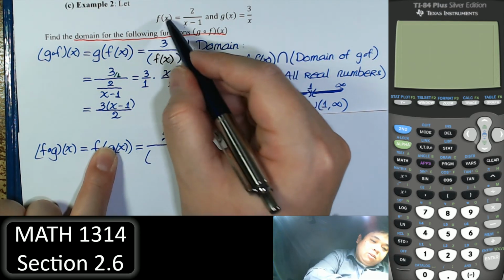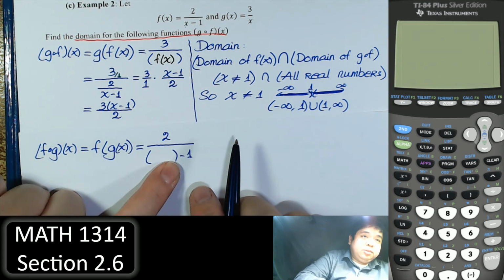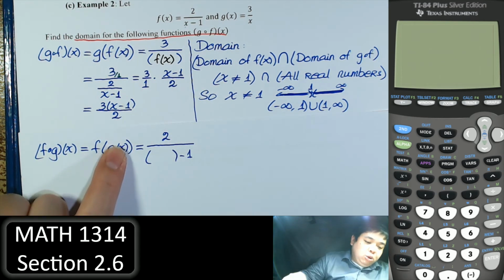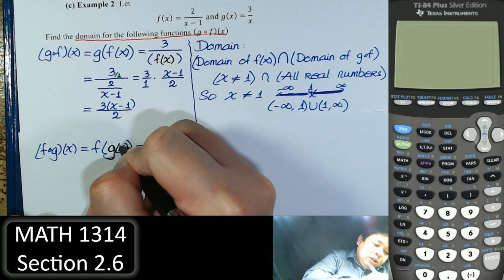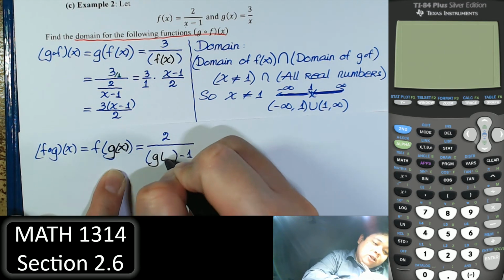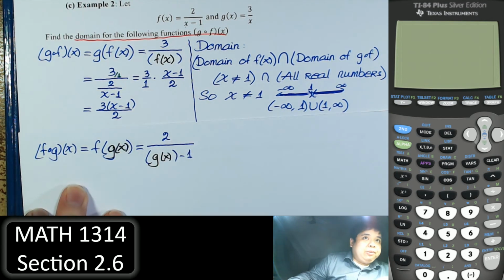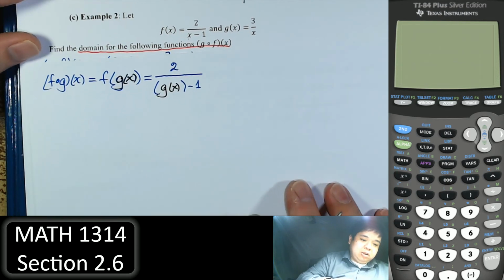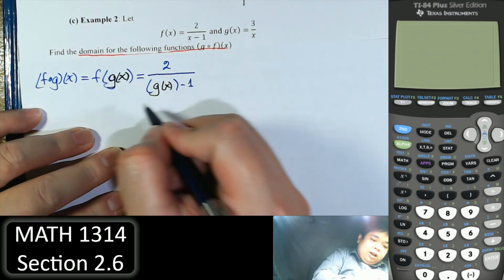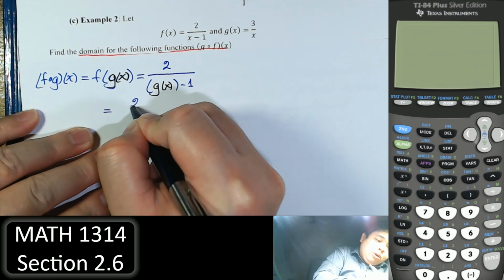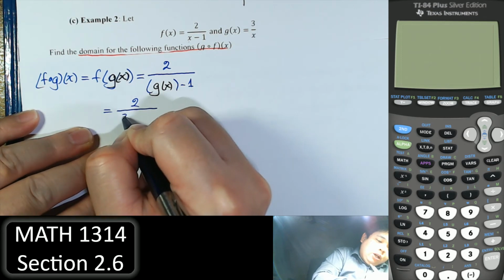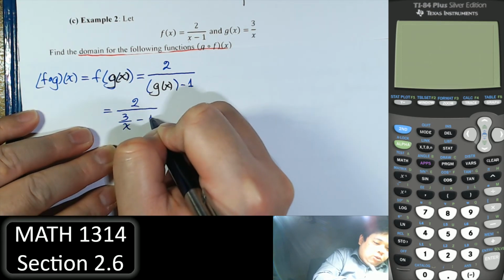Instead of x, I use the parentheses, something minus 1. Now if we put g of x in that parentheses, that's what we do here. So we have 2 over 3 over x minus 1.